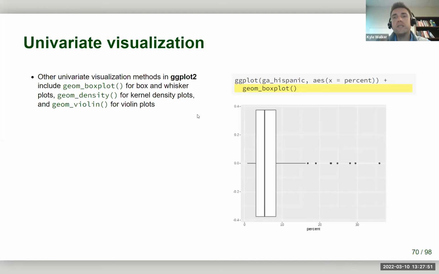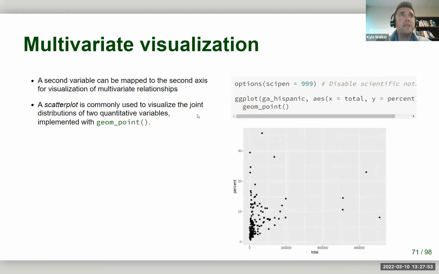So those are examples of univariate data visualization. In other cases, you're going to want to create multivariate graphics where you have, say, 2 numeric columns in your data set, and you want to look at the joint data distribution. In this particular case, we might be interested in taking a look at how percentage Hispanic varies with the size of the county.